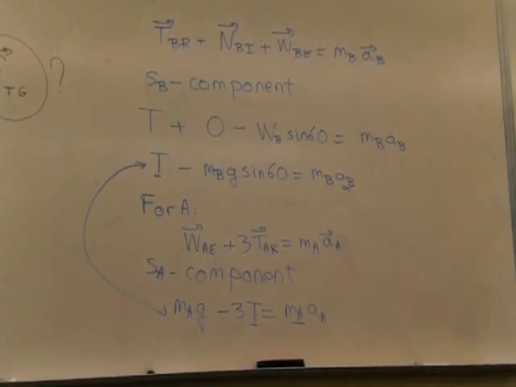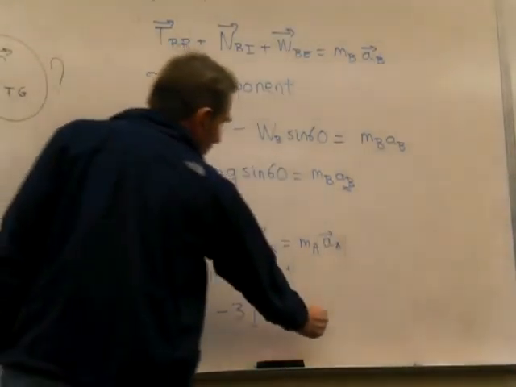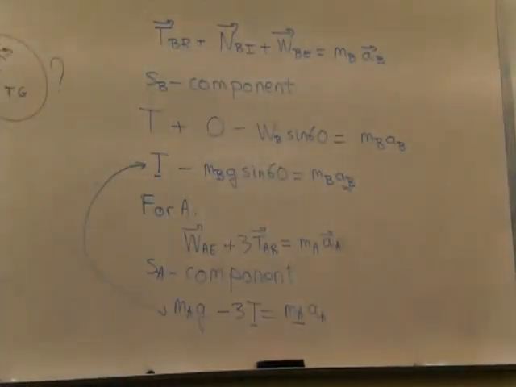That is, when A moves, B is going to move as well. So there is a constraint between them. And it is because the length of the rope is not changing. So we need to use that. So we need to figure out what the constraint is going to be. And it's going to be our third equation. It's going to link these two quantities. And then we're going to be able to solve the problem.